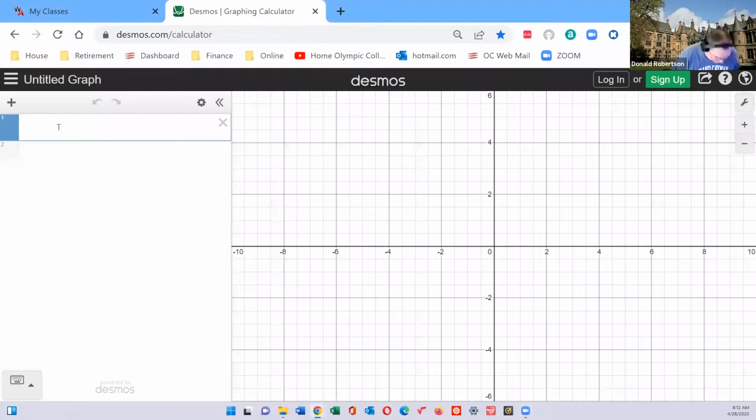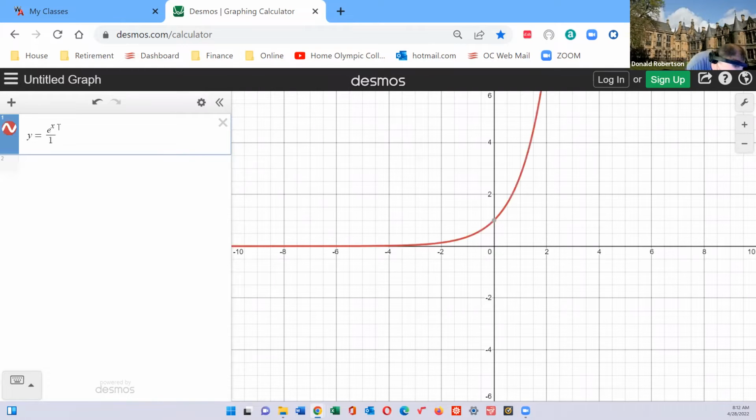Okay, so the original function, y was equal to e to the power of x divided by 1 plus e to the x.